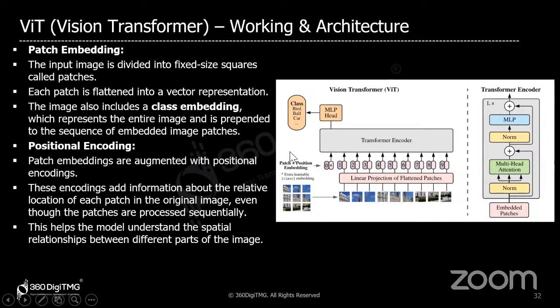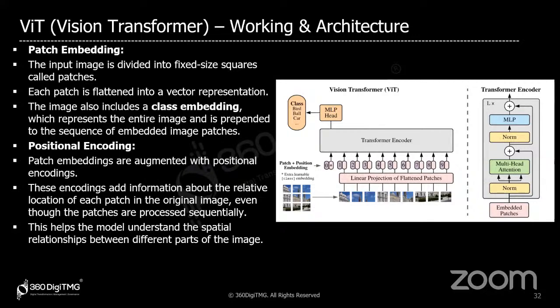It can be any item which we want to analyze or detect, which represents the entire image. In this case, we can say a building is the class here. It represents the entire image and is prepended to the sequence of embedded image patches.